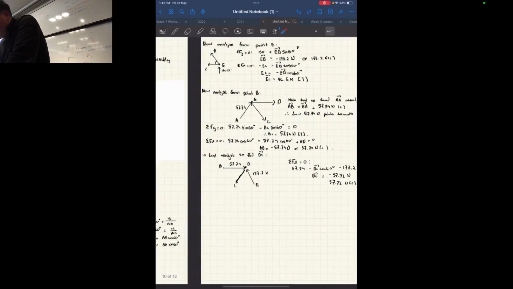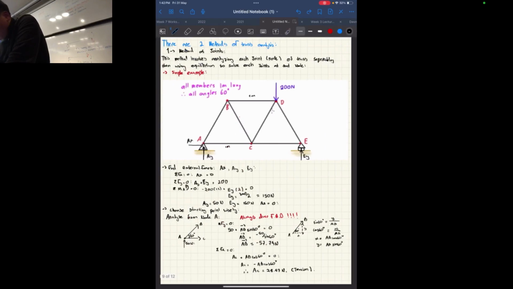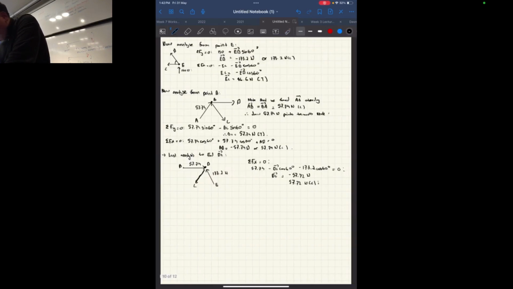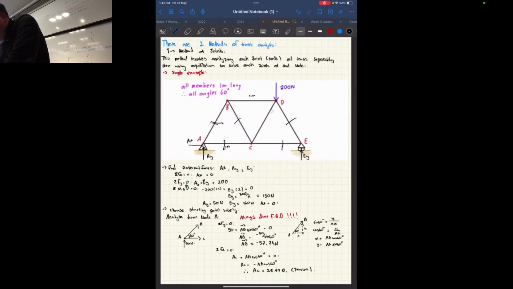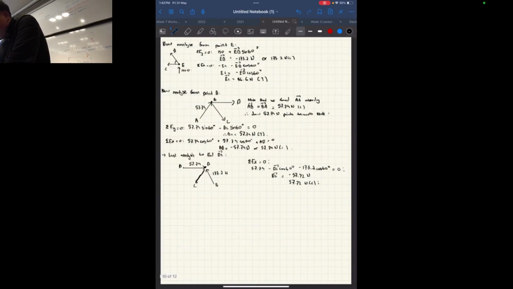So now we've found all these members, that's already been found, that's already been found. Now we just take point D to find the last member, which is DC.